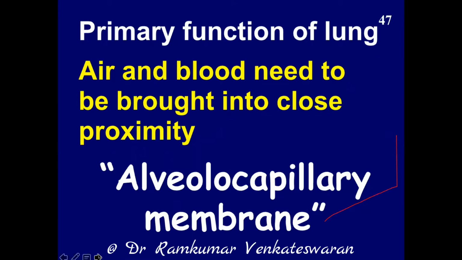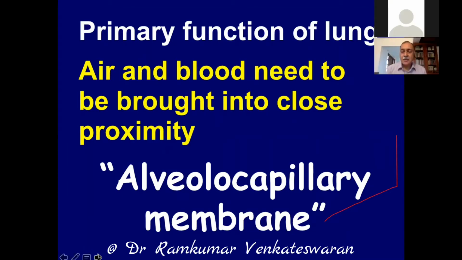After that, the pressure gradients that exist will ensure that oxygen diffuses from the atmosphere into the pulmonary arterial blood, and vice versa. The carbon dioxide, which is in a higher concentration in the pulmonary arterial blood as compared to the alveoli, will diffuse from the pulmonary arterial blood back into the alveoli. From there, it gets thrown out as we breathe out.